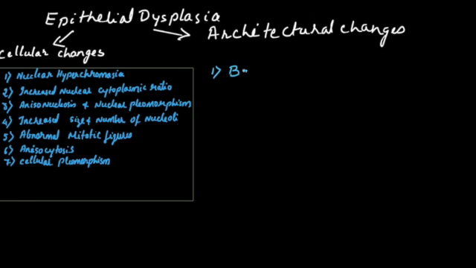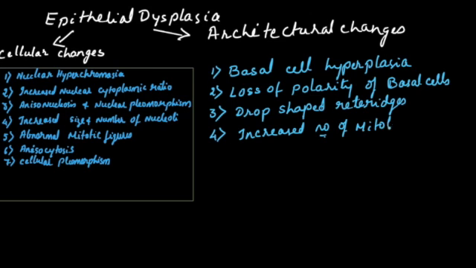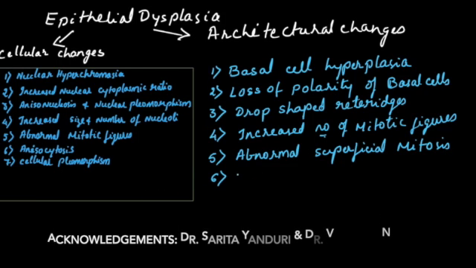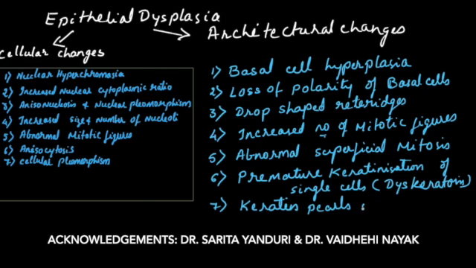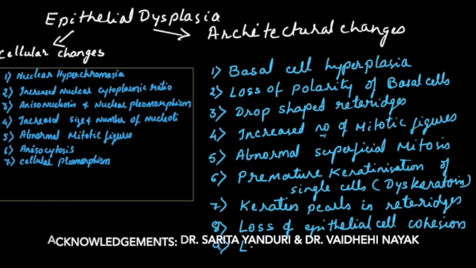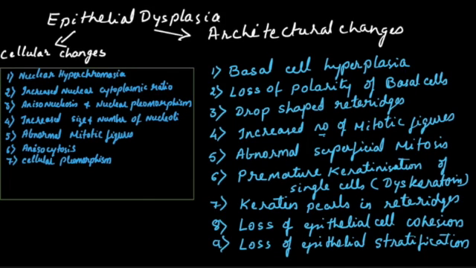So the first feature, basal cell hyperplasia, loss of polarity of basal cells, drop-shaped retroridges, increased number of mitotic figures, abnormal superficial mitosis, premature keratinization of single cells or dyskeratosis, keratin pearls in retroridges, loss of epithelial cell cohesion, loss of epithelial stratification. This completes the architectural changes of epithelial dysplasia.